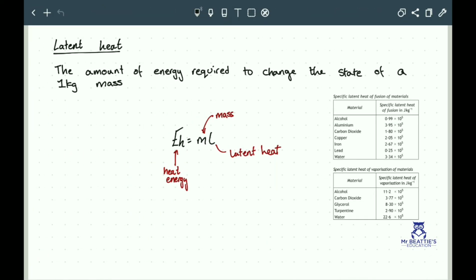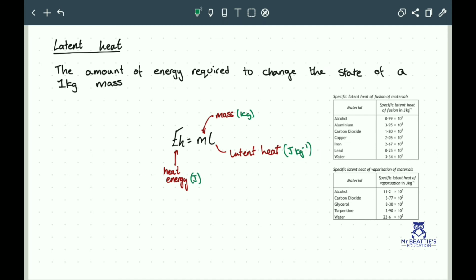Latent heat. Now latent heat is defined as the amount of energy required to change the state of a 1 kilogram mass. It's given by the equation EH equals mL, where EH is heat energy, m is mass, and L is the latent heat. Again, we've got our units of mass being kilograms, the units of latent heat are joules per kilogram, and the units of energy are joules.